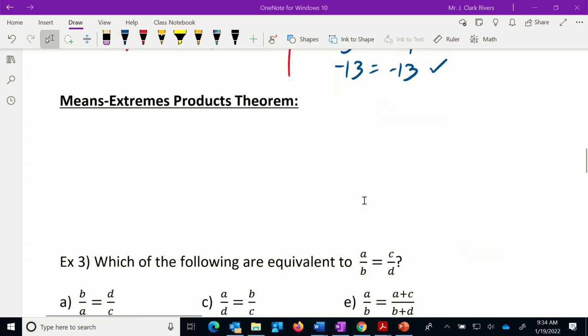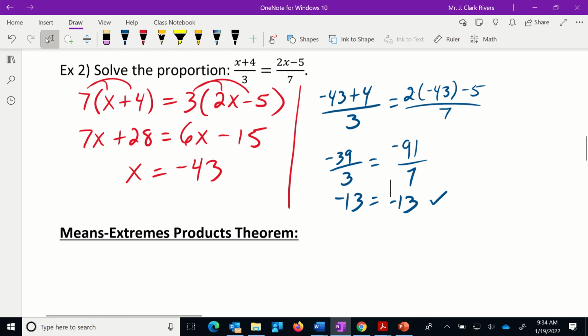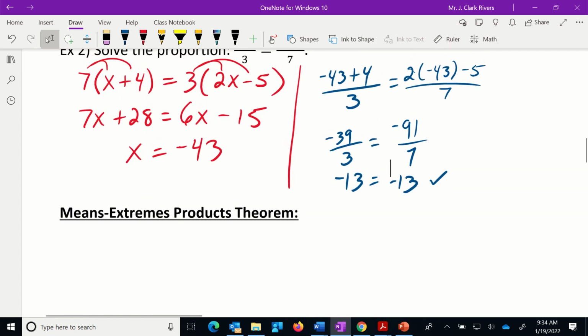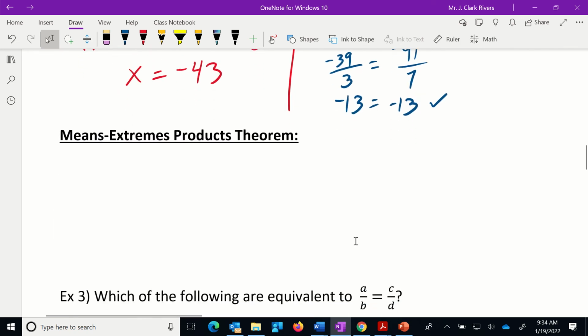Means extremes products theorem, that's just cross multiplication, right? What we just did, cross multiplication, is the means extremes products theorem. So Mr. Rivers, why do we have to know that? Well, it's going to be a reason in a proof. What is it?